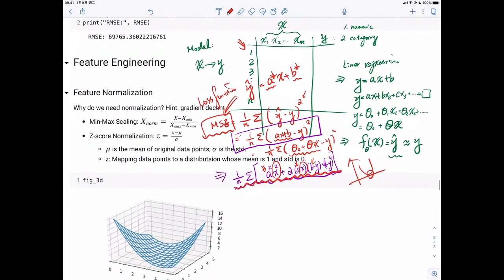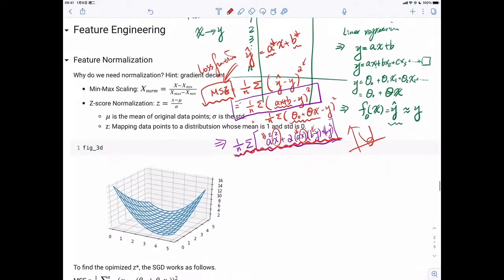So what is next? Feature engineering. When we collect data, we have a lot of features x1, x2, xn. However, usually we have something to do before we analyze the data, which is called normalization, right here.